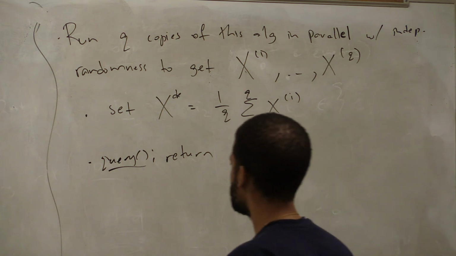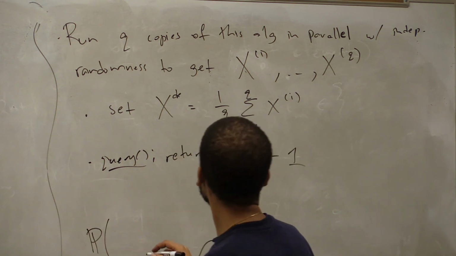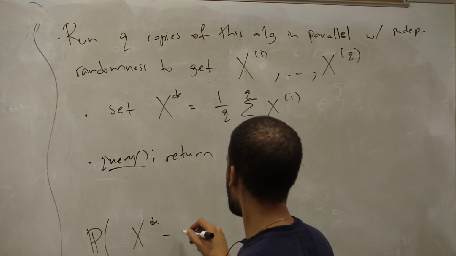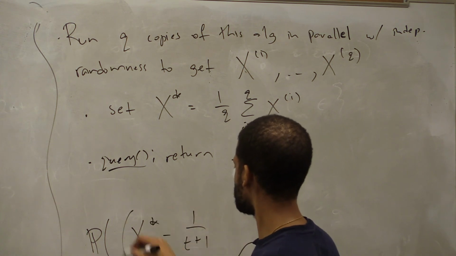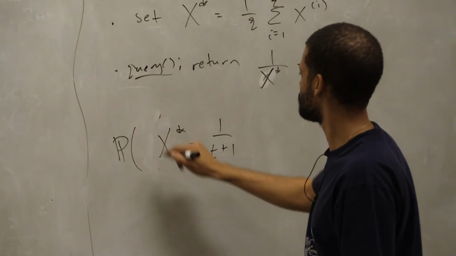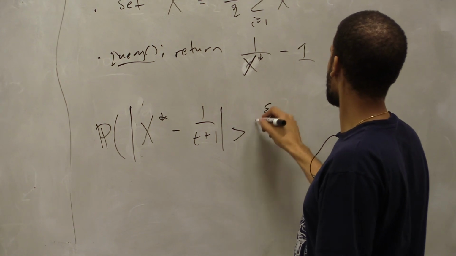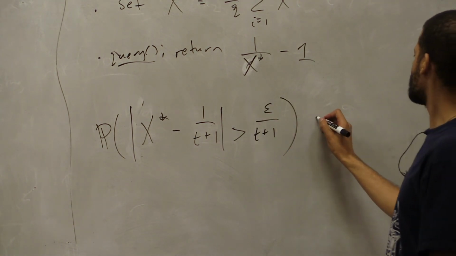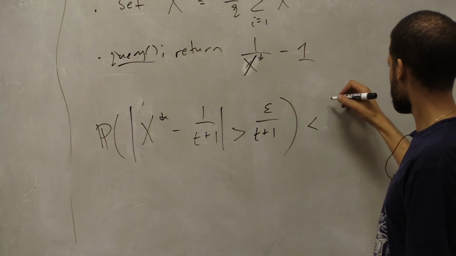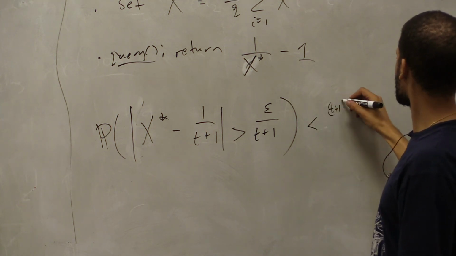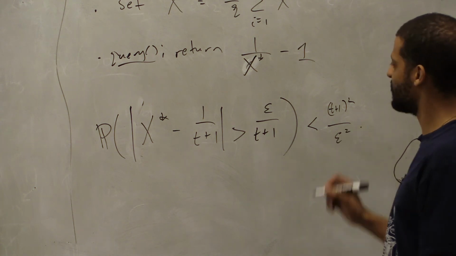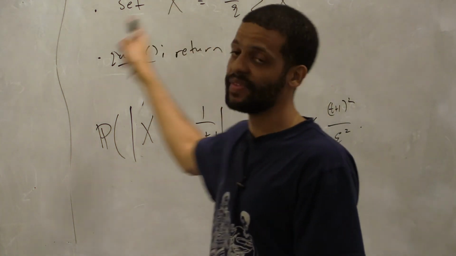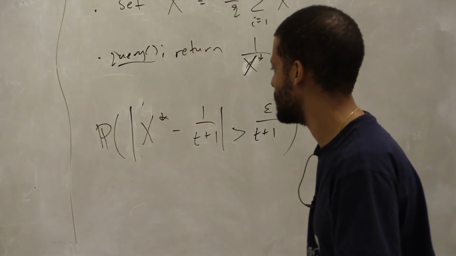So what's the probability that x star minus 1 over t plus 1 is bigger than epsilon over t plus 1? This is less than (t plus 1) squared over epsilon squared times the variance. Remember, the variance gets divided by q because we averaged q copies.